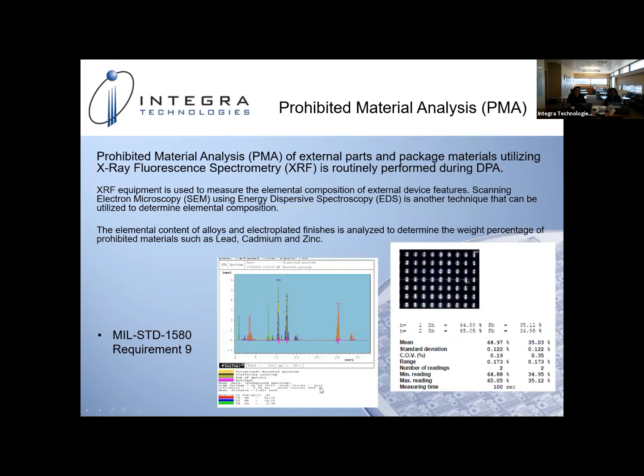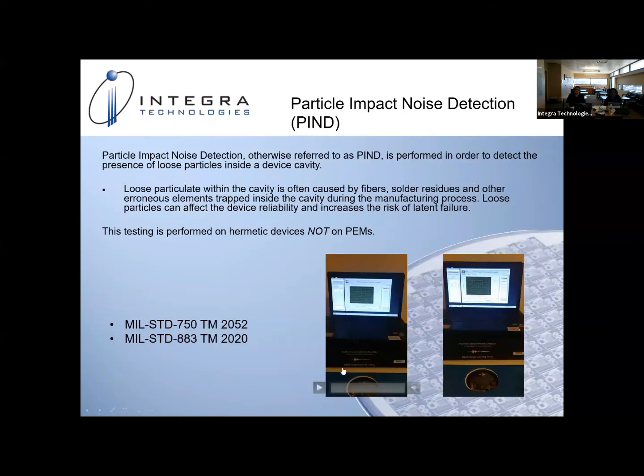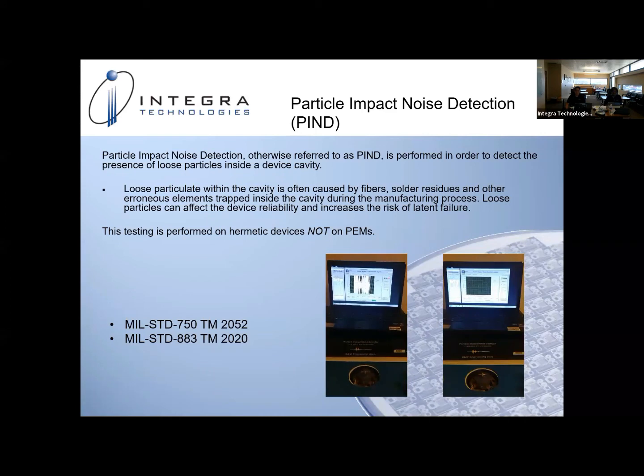We'll talk a little bit about PIND here. There you go. So in here you can see on the screen, you can hear the rattling around. This is essentially a particulate that's within the cavity that's being captured through the audible, through the O-scope, and what you're not seeing on the screen right now is the red detector light. Now if you play the next video right next to it, this is what we would consider a passing device.